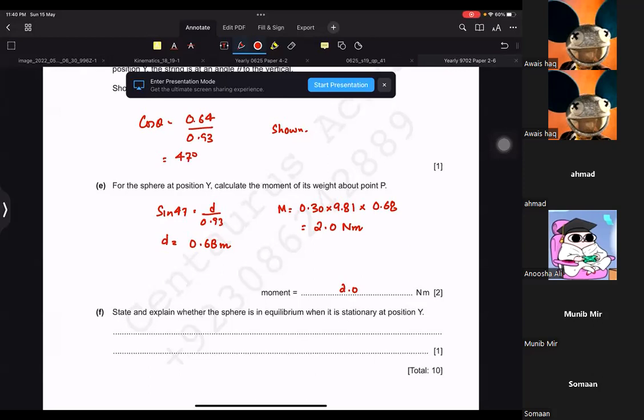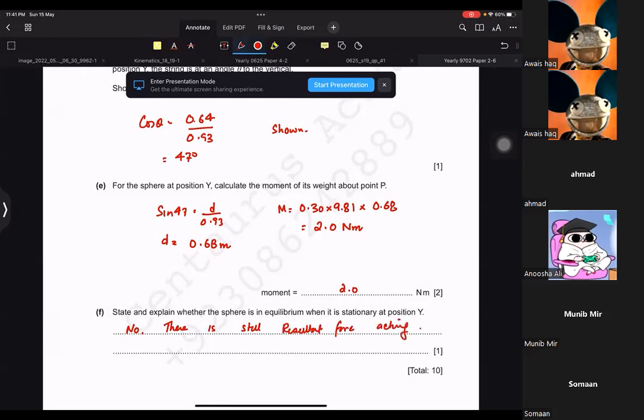Okay. Now state and explain whether the sphere is in equilibrium at stationary position Y. I don't think so. No. The reason behind it not being in equilibrium is that there is still resultant force acting.